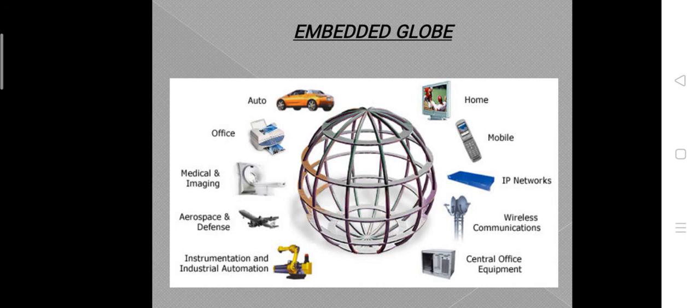Embedded systems play a vital role in instrumentation and industrial automation. On the other hand, you may find they are helpful in central office equipments. They may be used in wireless communication. Embedded systems are used in IP networks, mobiles, home appliances, home televisions, etc.